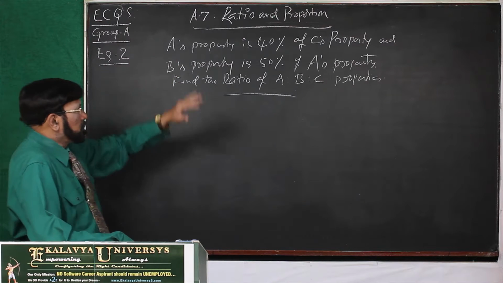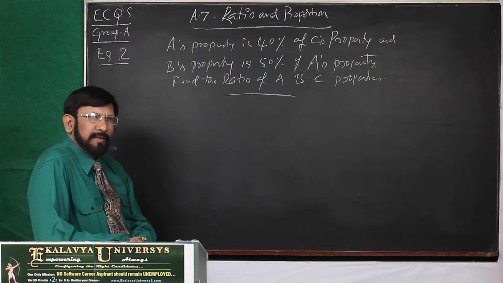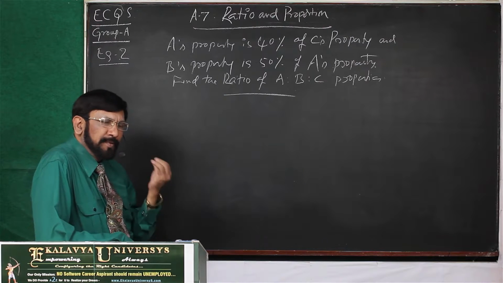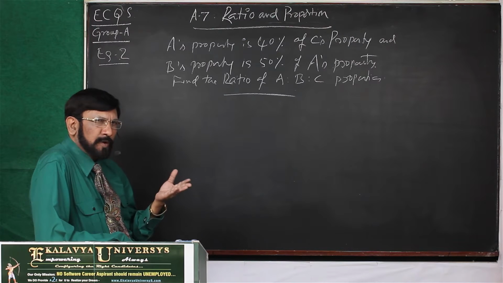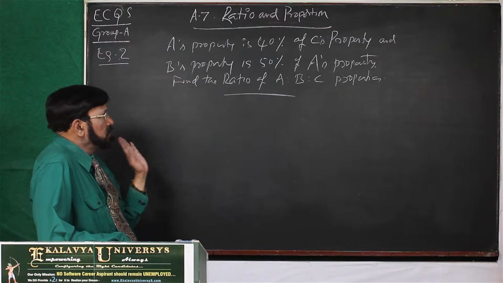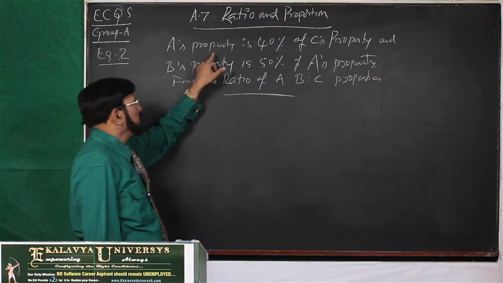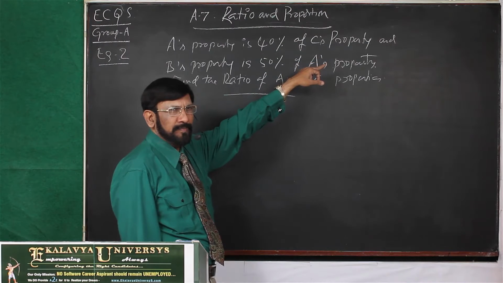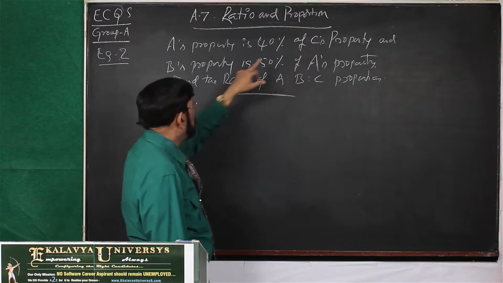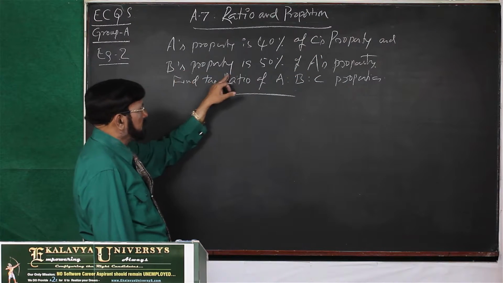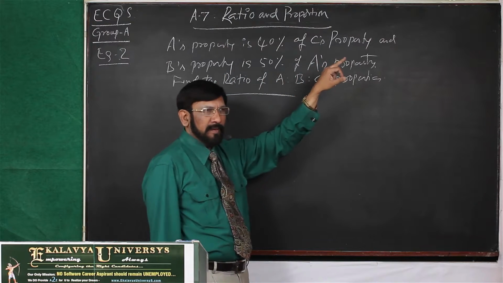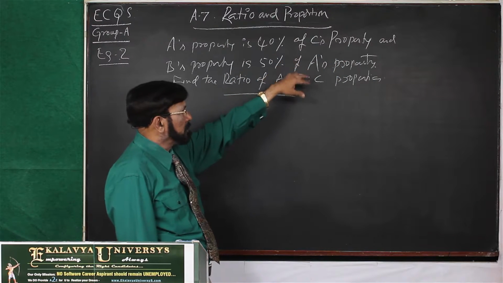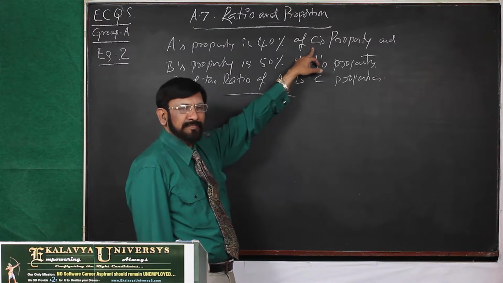In this type of problem, you have to consider what is the base, whose property is given as a base. Here you see, A's property is a ratio on C's property, so C is the base. And here, B's property is the ratio of A. That's why you can find out the origin is C.